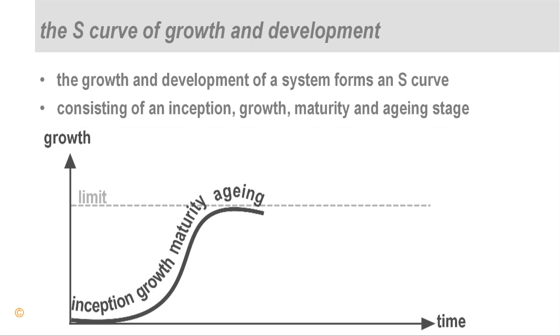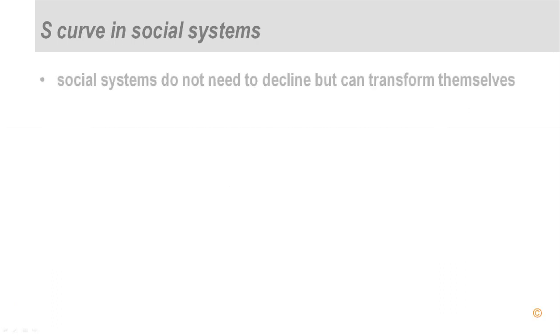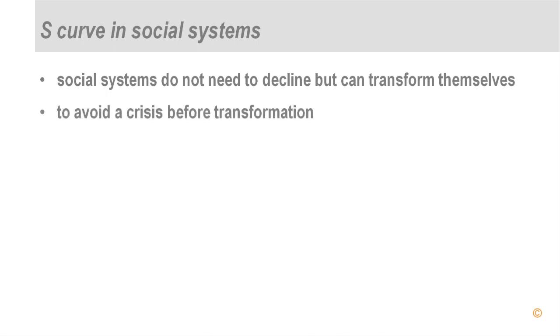And eventually in natural systems we have a death of the system following the aging stage. In social systems, we do not need to have the death or decline of a system, but the system can transform itself. As we said earlier, it transforms itself as a crisis approaches.